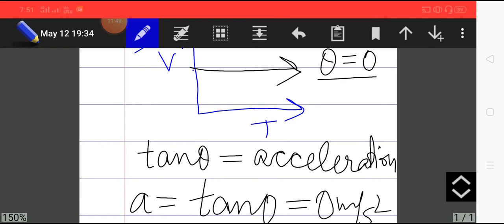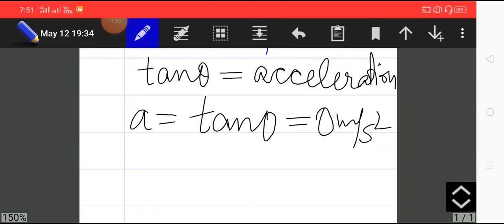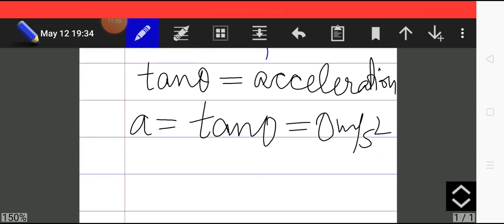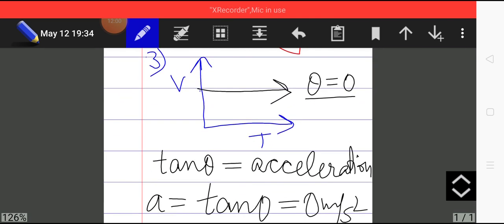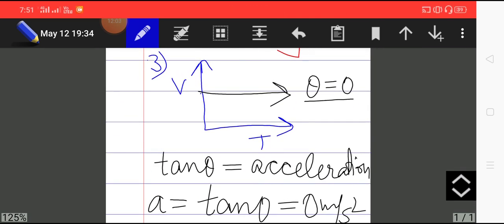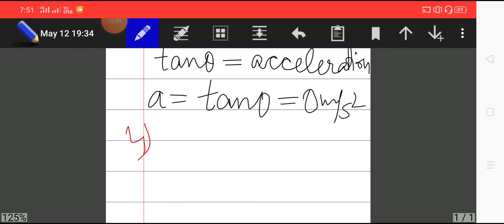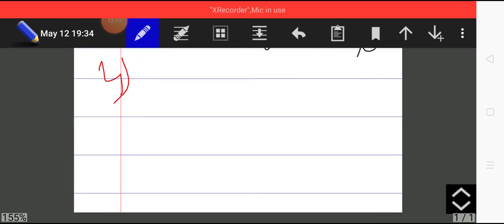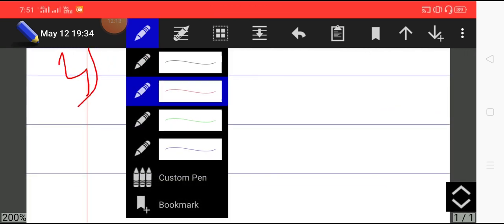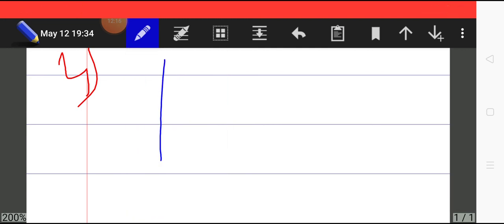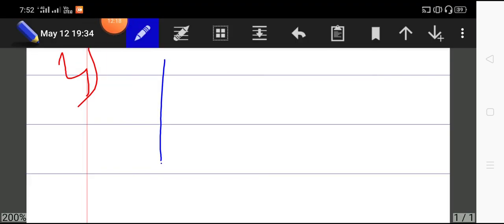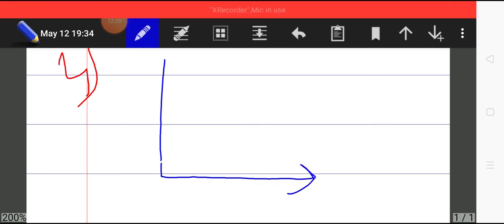In a position time graph, we only had velocity when we calculate the slope, that is tan theta. While in a velocity time graph, we not only calculate acceleration from the slope of the graph, we can also calculate displacement. So at point number 4, I will tell you how the velocity time graph also tells you about displacement. Again, let us have this velocity time graph.